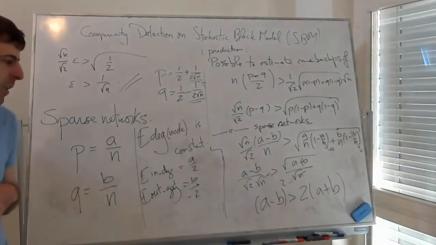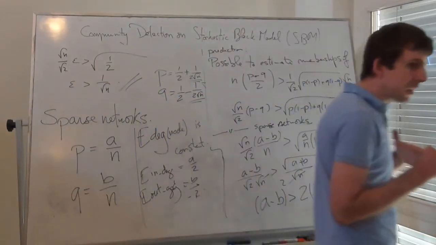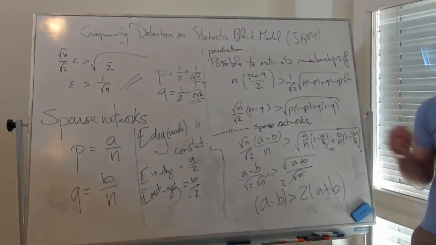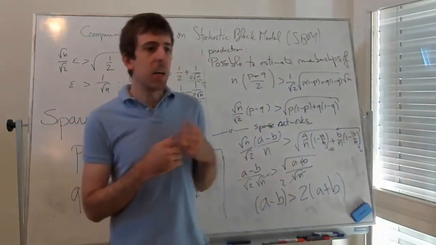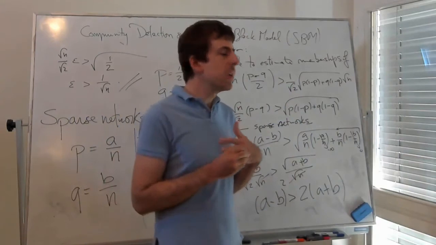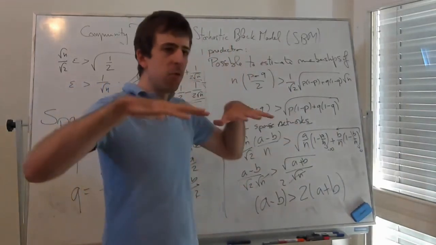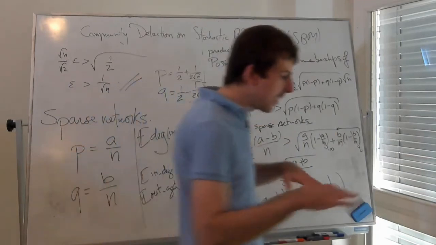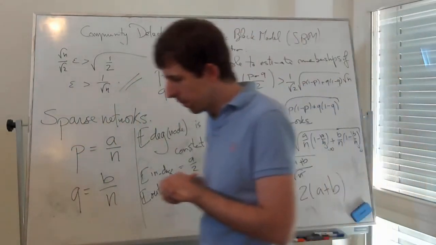There's a few ways of making these predictions, one of which is to think of the dynamics of something like belief propagation. If you think of each one of these nodes as trying to compute the probability that they are in one of the communities versus the other, you can think of this as some kind of Bayesian model where the communities get drawn first at random, then you draw the graph, and now you want to know the values of the communities conditioned on the graph.